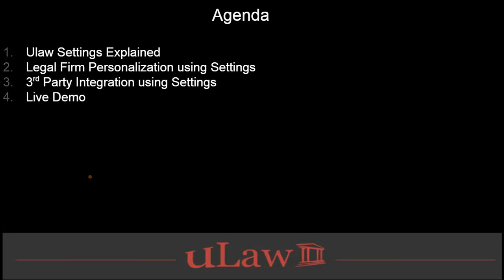We'll look at how you can then do third-party integrations, whether that's Google Drive, OneDrive, or even integrating with payment gateways such as Global Payments or Pivotal or Moneris. Right? So all of this is done within the Settings tab. So there's quite a bit of functionality to be discussed, demonstrated, and explained.